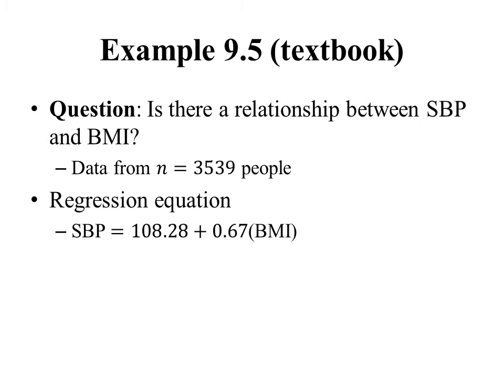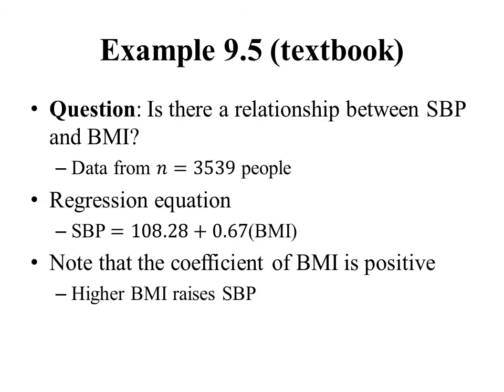And so one result that they give is the regression equation, which is calculated just like what we did in the previous example. So for systolic blood pressure, there's the intercept, and here's the slope, 0.67 times the body mass index. Now let's make an observation.